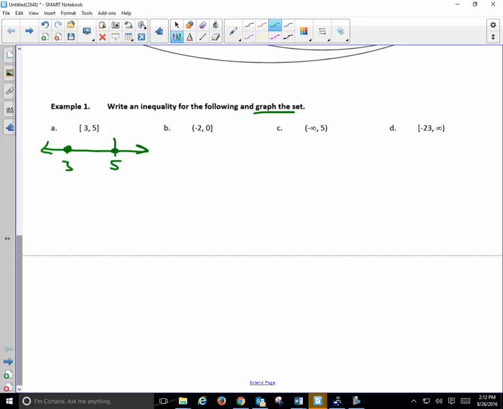And I'll join them together, and that is my graph. I notice that many of you can do that rather easily. Here's where you may struggle, the inequality part. X is all the numbers that fit within that set. You can see that X sits between the 3 and the 5, correct? So I'll put the 3 down, the 5 down, I'll put the X in between them.